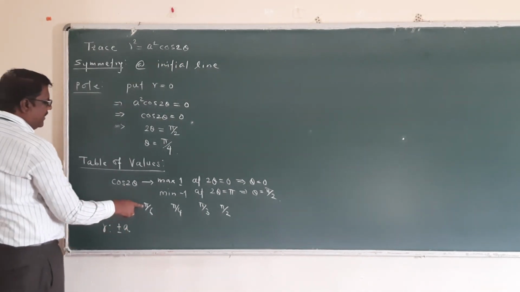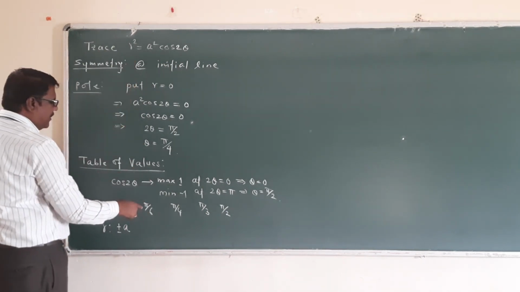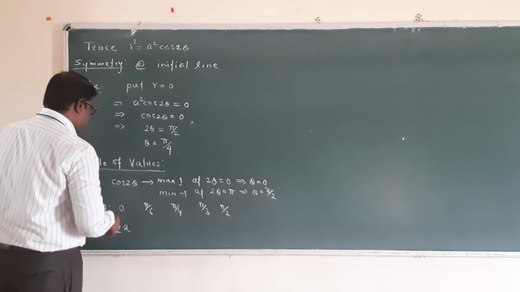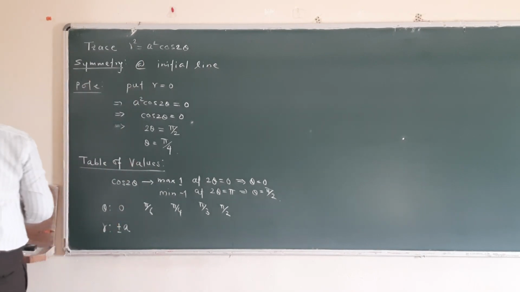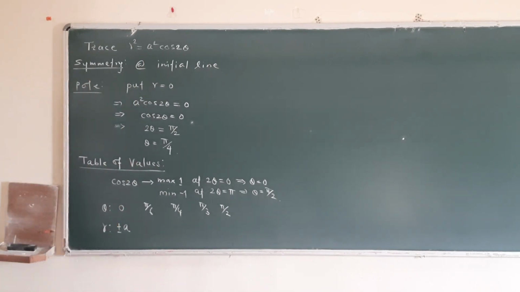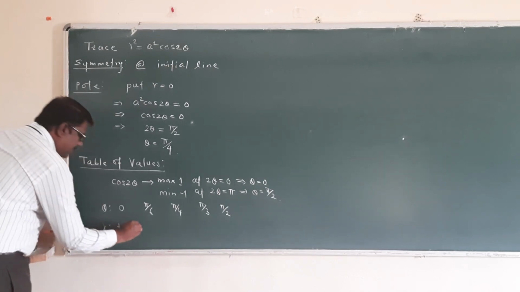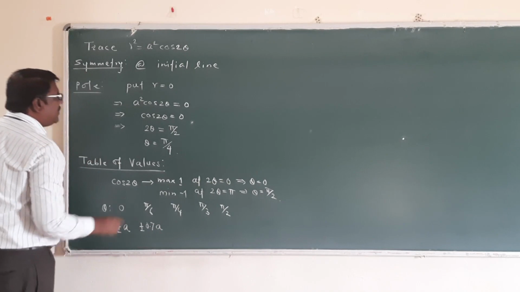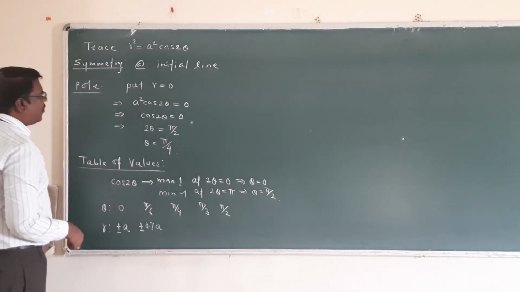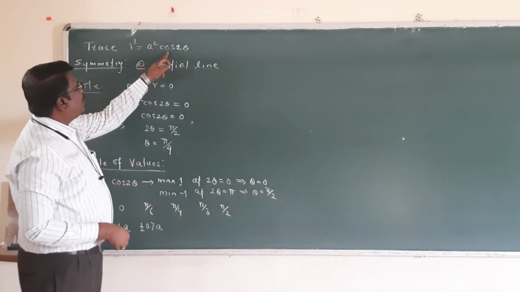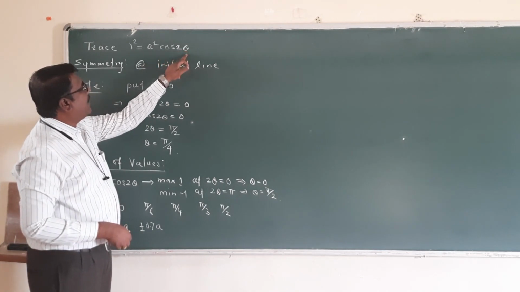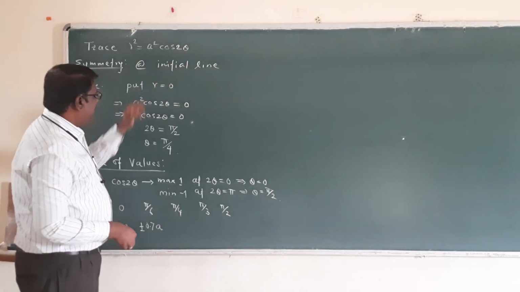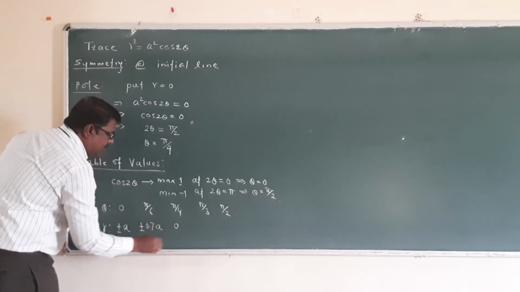Next, for theta pi by 6, when we substitute in the given equation, after calculation we will get the values of r as plus or minus 0.78. When theta is pi by 4, it is cos 2 pi by 4, that is cos pi by 2, and cos 90 is 0, and therefore the value of r is 0.